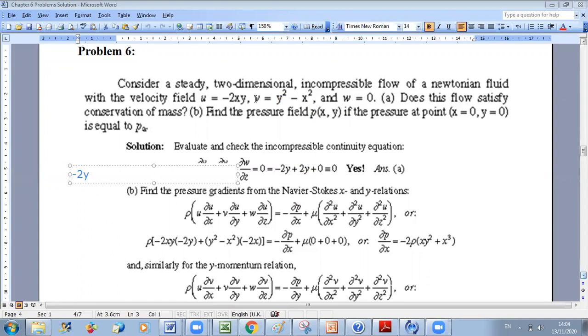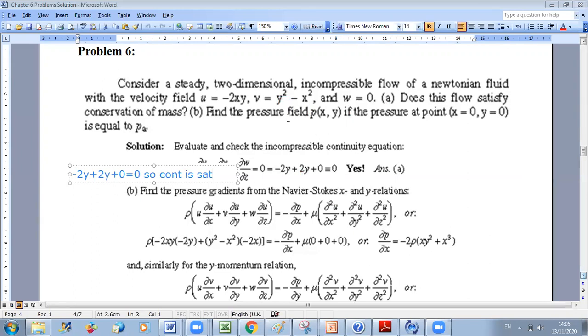Now, for del v by del y, v is y squared minus x squared, so del v by del y is plus 2y. And finally, w is 0, so del w by del z is 0 already. So plus 0, and I can verify that this gives me 0. So the continuity equation is satisfied. This is my first step. I verified that I have conservation of mass.